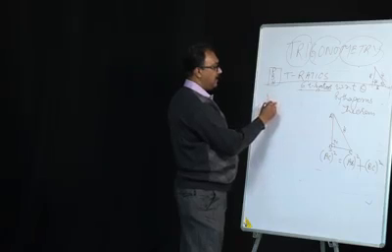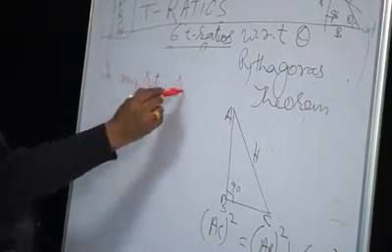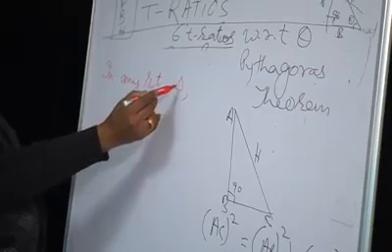In any right triangle, the symbol RT is short form of right triangle.